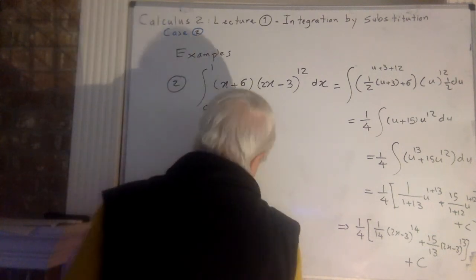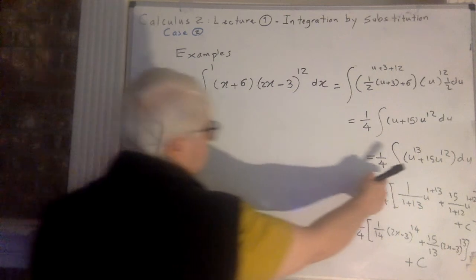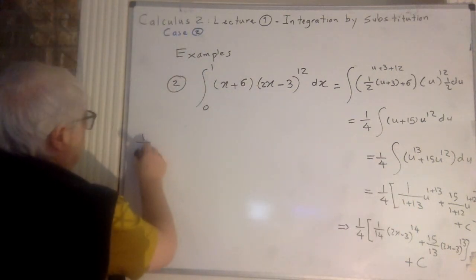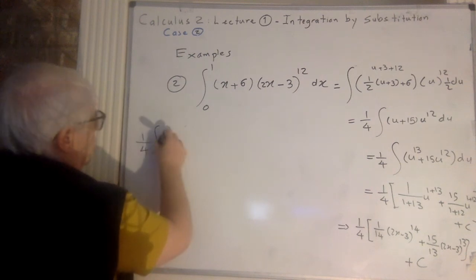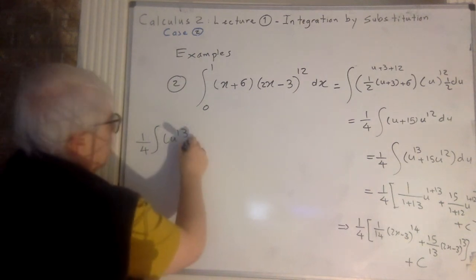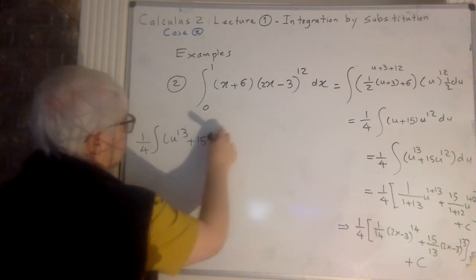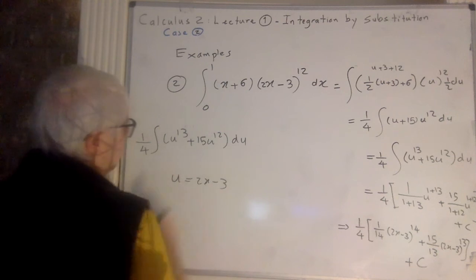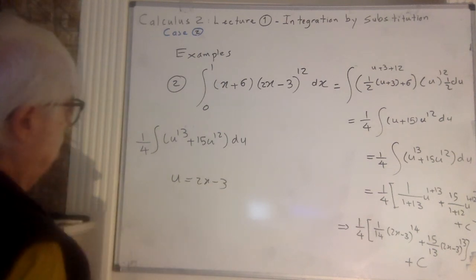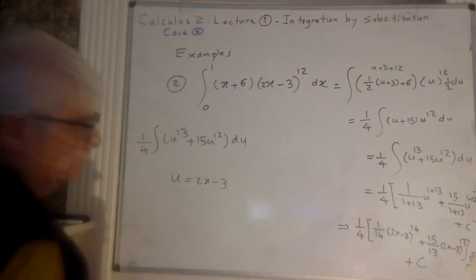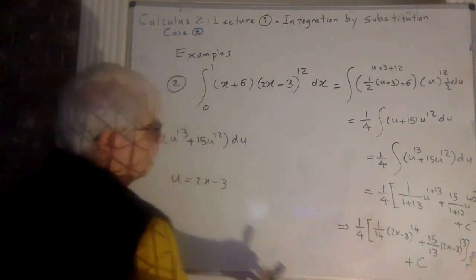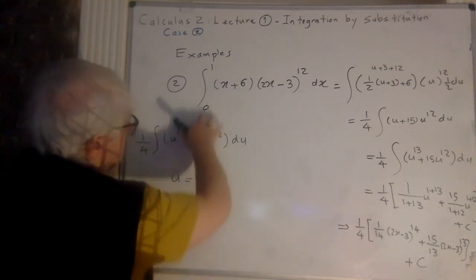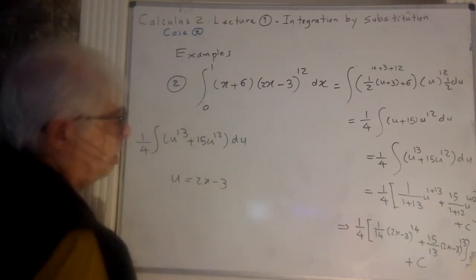Then I found this, that is in fact 1 over 4 times (u to the power 13 plus 15 u to the power 12) du. And I had u equals 2x minus 3, right? So I can go up to this point, then insert 0 and 1. I can stop here and change the limits of the integral.